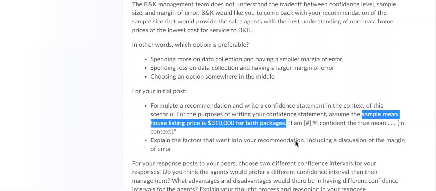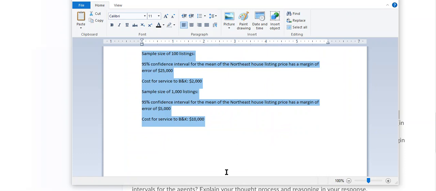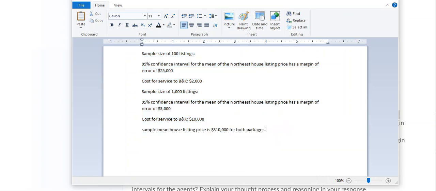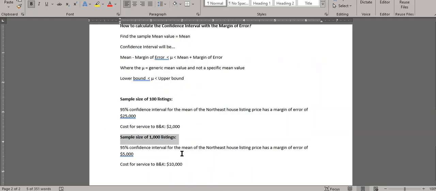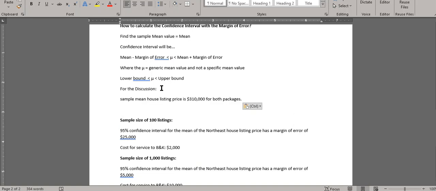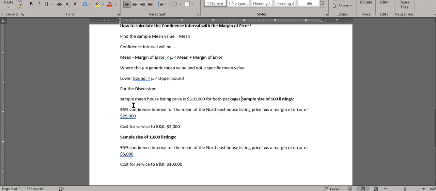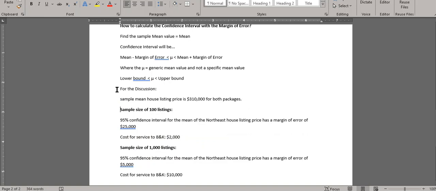So we're going to assume that the sample mean is 310,000 for both. I'm going to put that in my document here for the discussion. The sample mean is 310,000.